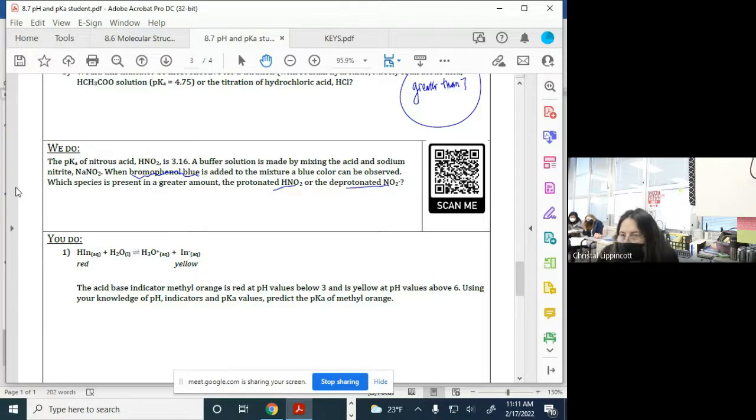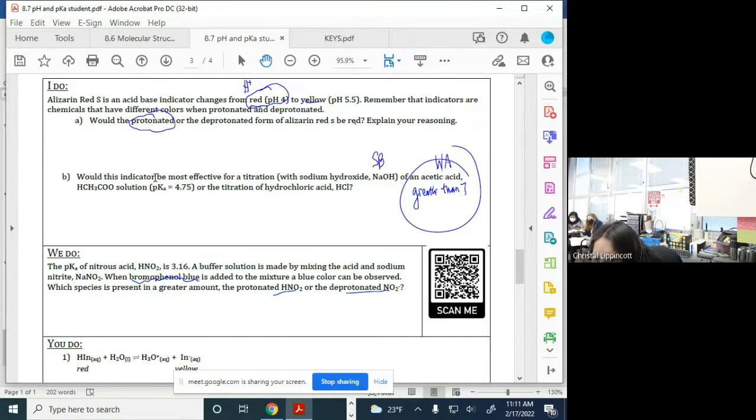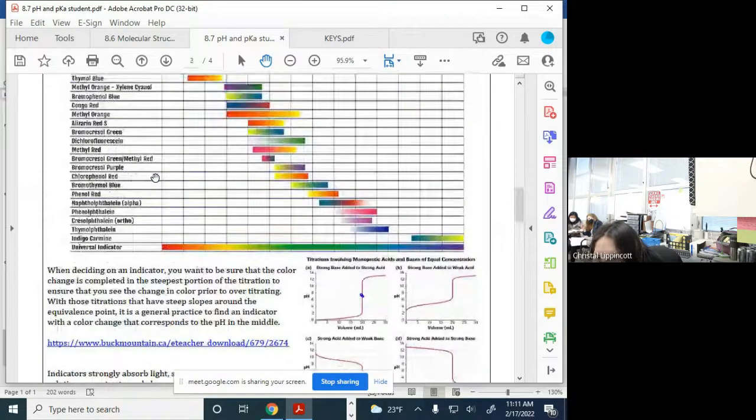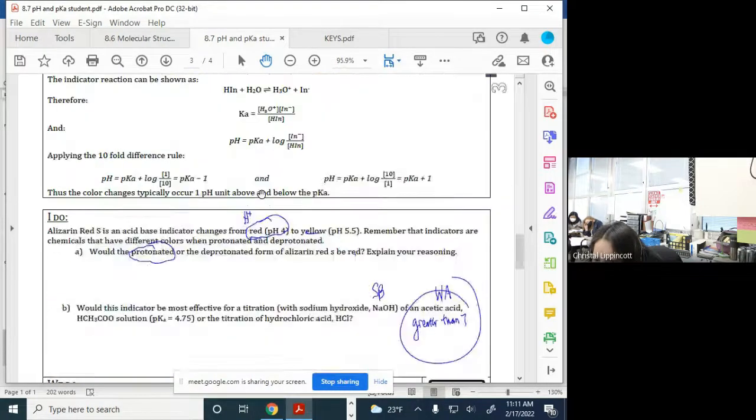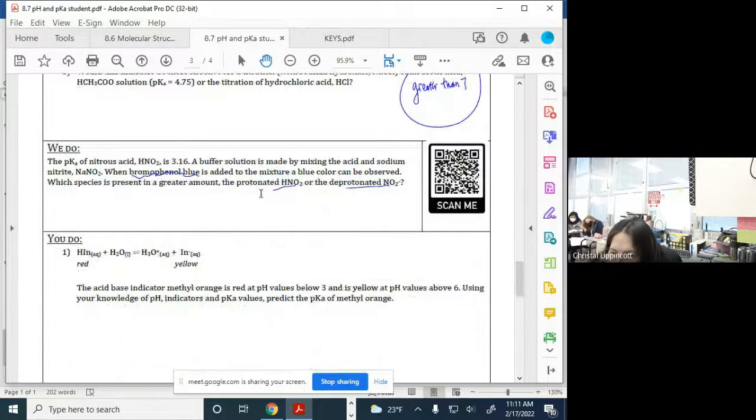Deprotonated. So let's look at this one. Bromophenol blue, pKa is this. Let's find him on our graph up here. Right here. So he goes from 3 to about 4.5. So 3 is yellow, and at 4.5 we're going to be in solid blue.